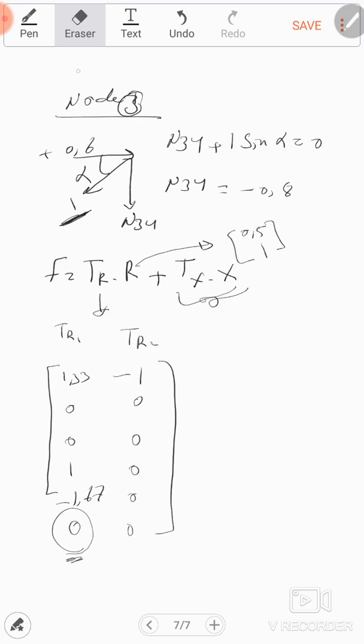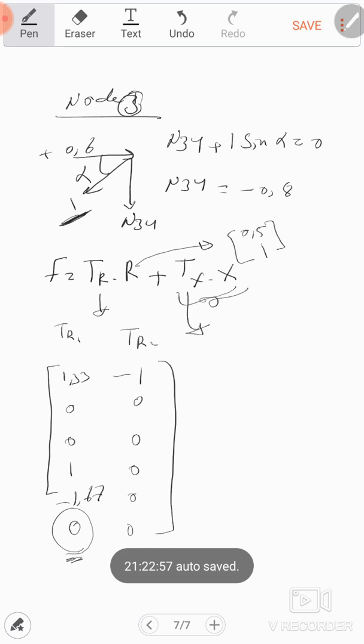For TX, this one, TX we have 1 because we removed one member. Maybe in the next example I will show you how we can do it if we remove 2 members.